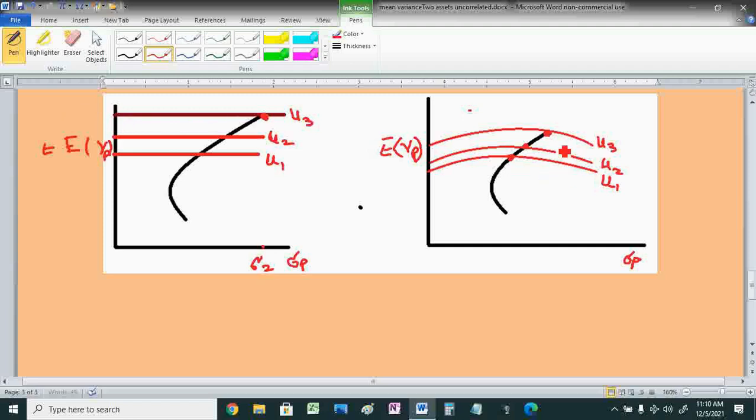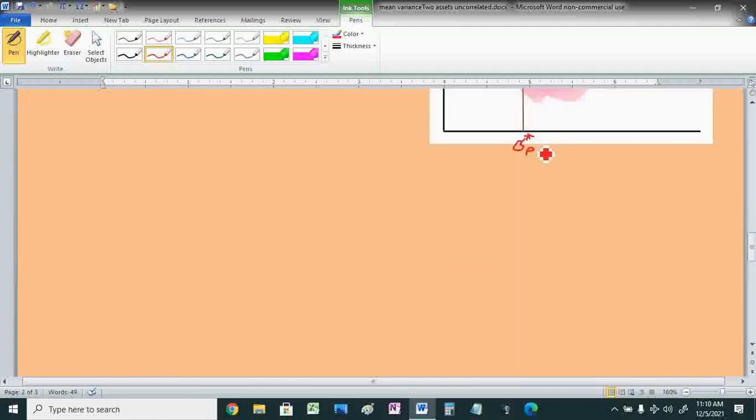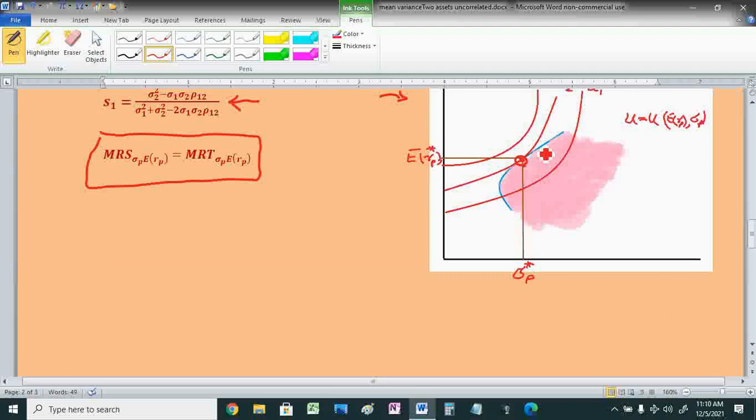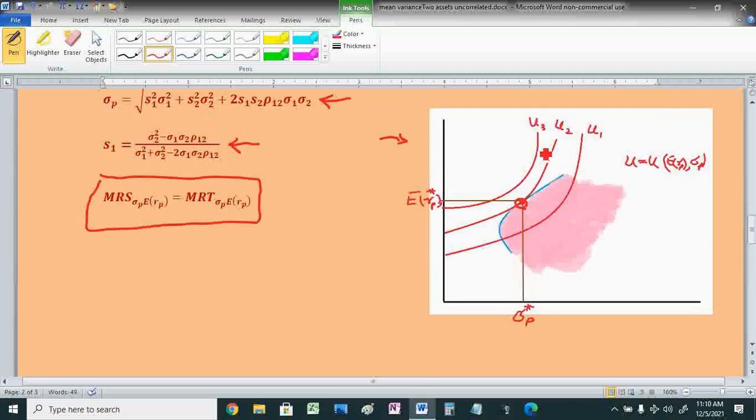Similarly is true for this case as well. So this is the situation where the two assets are either totally uncorrelated to each other, or the correlation is somewhere between -1 and +1.